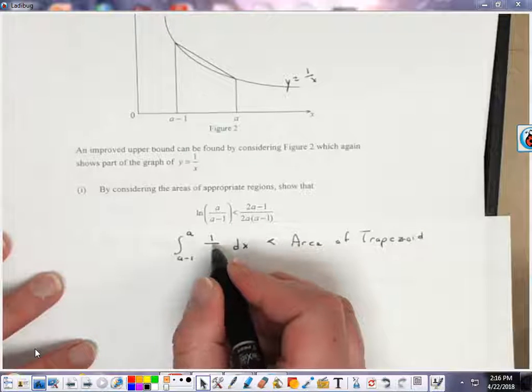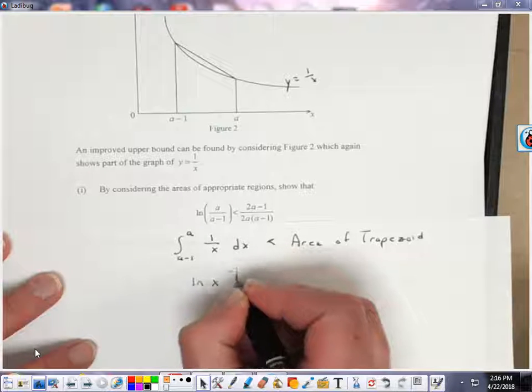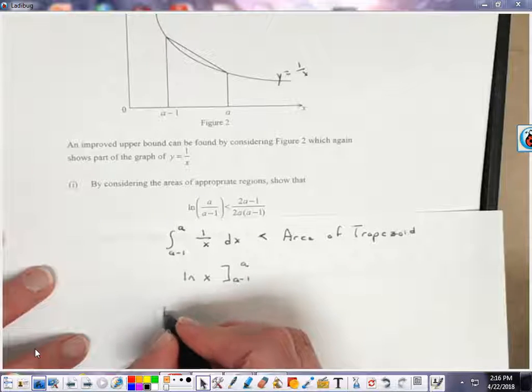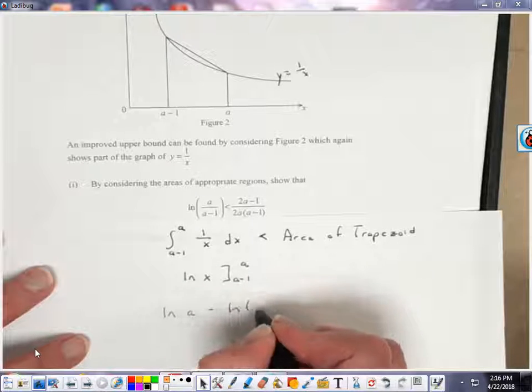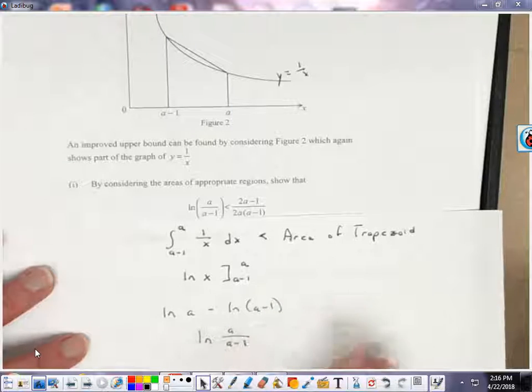And so we already know when we integrate this that it's going to be ln of x. And again, we've kind of already shown this is ln of a minus ln of (a minus 1), or just ln of a over (a minus 1).